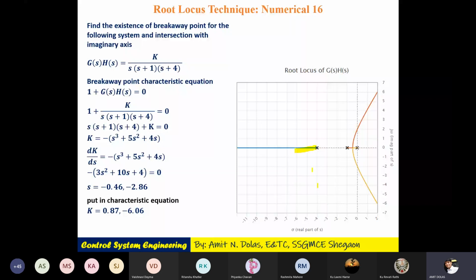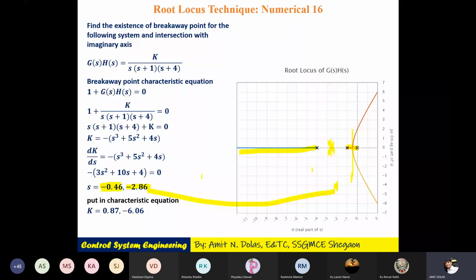Okay, before concluding that it is the breakaway point, what is minus 2.86? The root is not on its path there, so it is not a breakaway point. We do not have to take a turn there, right? So minus 2.86 is not valid, but minus 0.46 is valid.